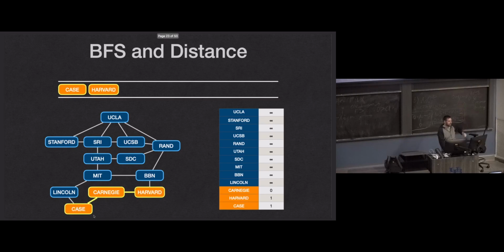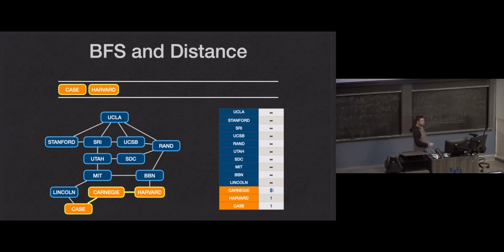We're going to mark that node as explored, so we're going to add it to our explored list. We're going to enqueue that node in the queue, and we're going to update the distance of that node. The distance of each node that is explored is going to be the distance of the node that explored it plus 1.